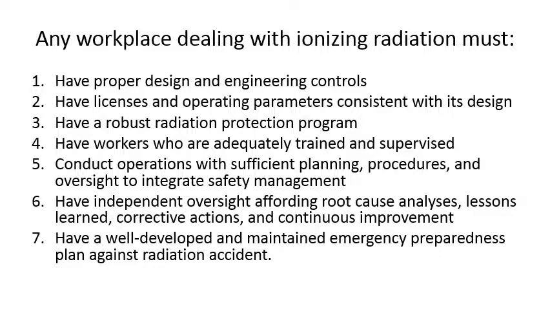The workplace must conduct operations with sufficient planning, procedures, and oversight to integrate the safety management system into all business processes. The company must engage independent oversight to explore root cause analyses, lessons learned, corrective actions, and continuous improvement. And finally, the workplace must have a well-developed and maintained emergency preparedness plan, in order to be able to respond promptly and effectively in the event of a malfunction, spill, or other type of radiation accident.